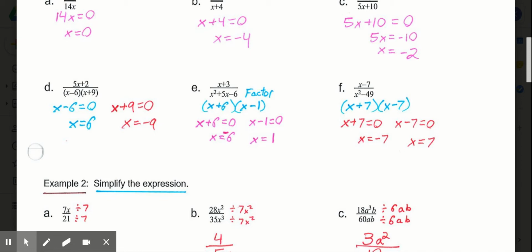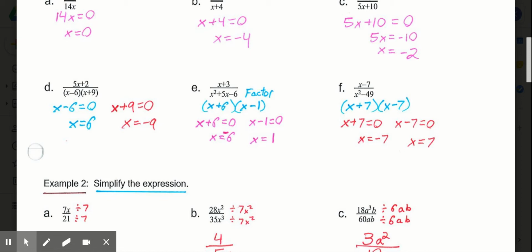In E, our denominator is a trinomial, so the first thing we have to do is factor that. I factor the x squared plus 5x minus 6 into x plus 6, x minus 1. Then each of those is set equal to 0, so x could be negative 6, or x could be positive 1.